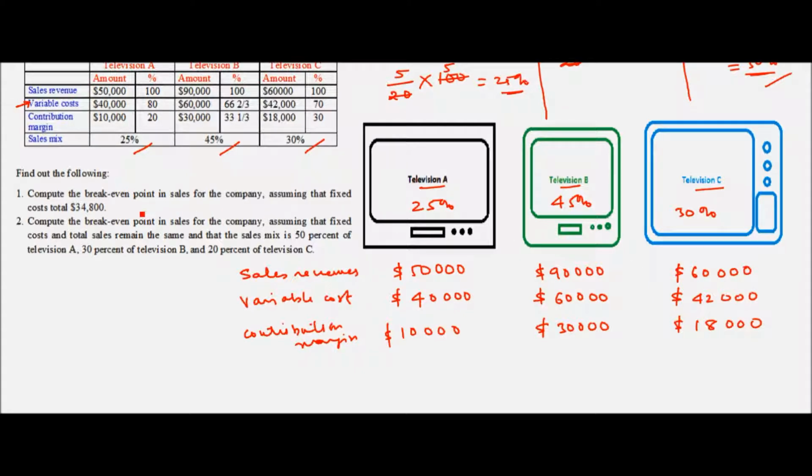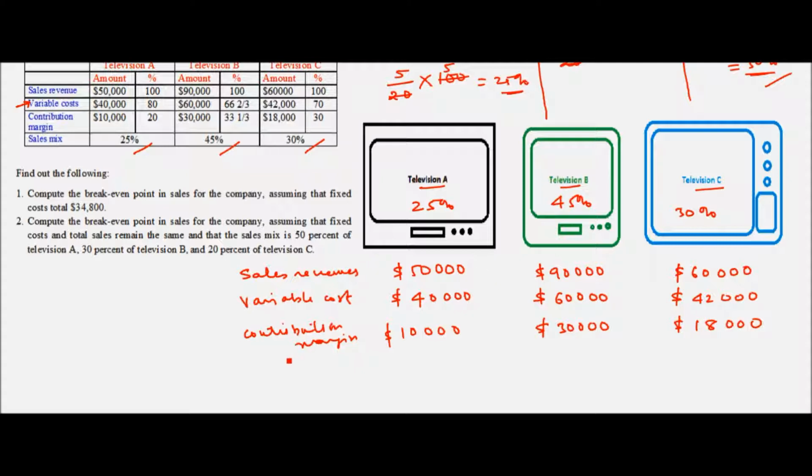Now first we have to find out the break-even point in sales for the company, assuming that the fixed cost totals $34,800. In order to manufacture these televisions, there are some fixed costs like the manufacturing facility, which is being used as a factory.